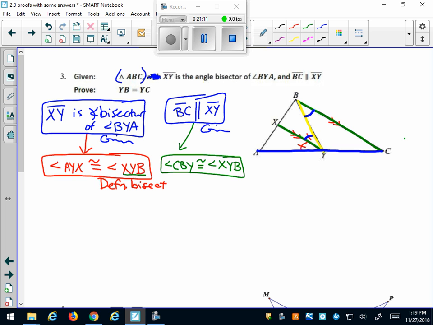Now, you want to try to name the angle the same thing consistently through your proof. Yes, this could be called angle BYX, but you don't want to call it BYX over here and XYB over there. You want to try to keep it so that it's the same. So, CBY congruent to XYB. That's this angle and this angle. Here's the Z.